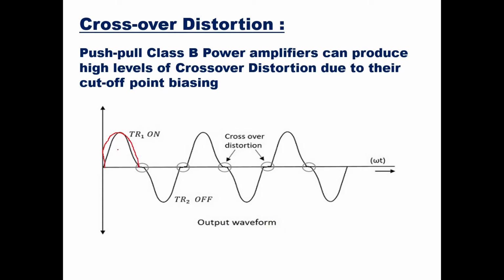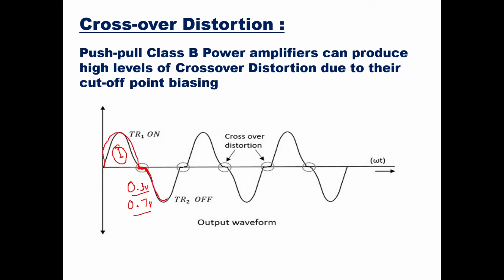This is amplified by the first transistor, and before the second transistor gets on, before it could cover the emitter base knee voltage of 0.3 volt in germanium and 0.7 volt in silicon, there is no current flowing in the collector till that voltage is reached, and therefore you get a gap between two half cycles.